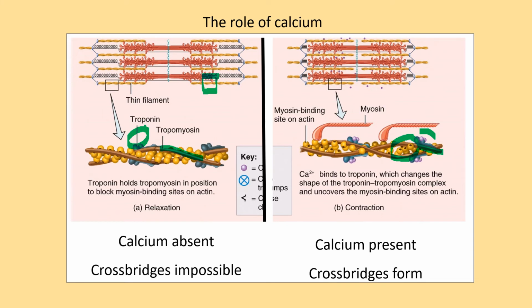And look what happens. The myosin head binds to actin, and we call that a cross bridge. When the myosin head is physically connected to actin, we say that cross bridges form, or there are cross bridges. And when there are no cross bridges, it means that the myosin head is not bound to actin.